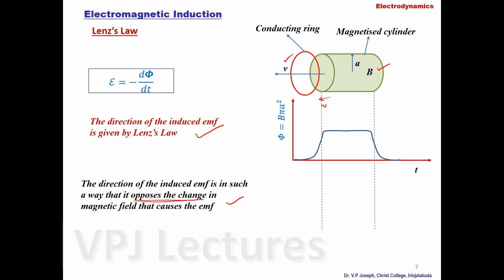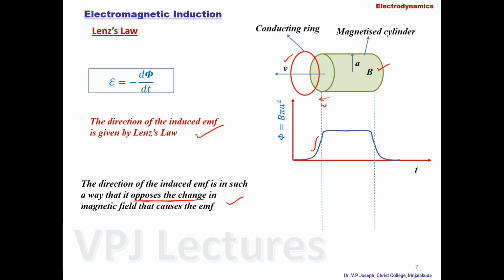graphically represented like this. Initially we can see that the flux linkage is very small, and corresponding to a point around the edge region, the flux becomes maximum, and then it remains constant.